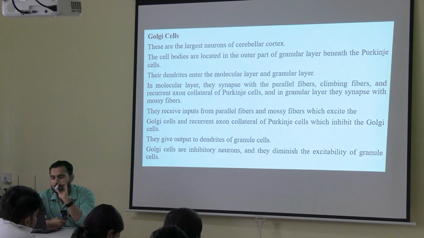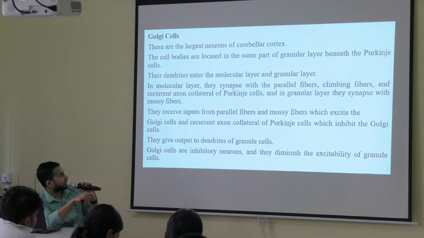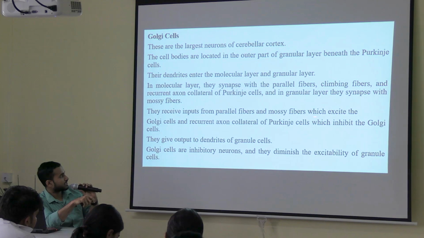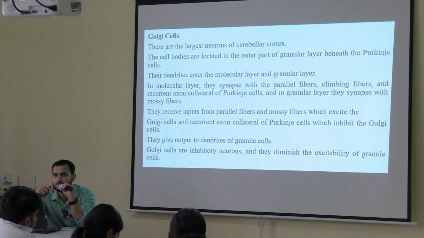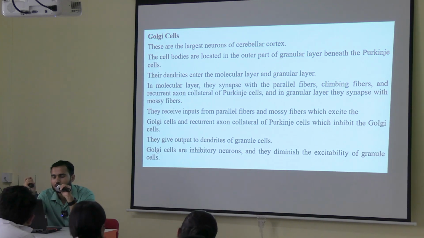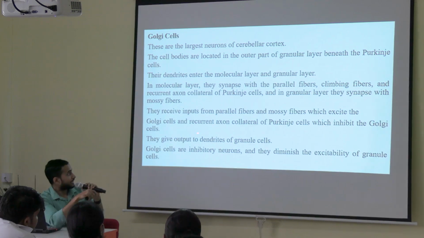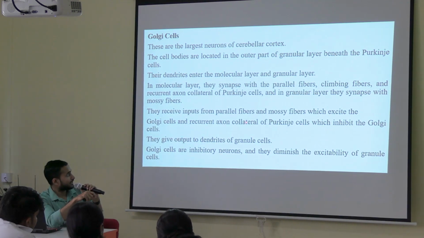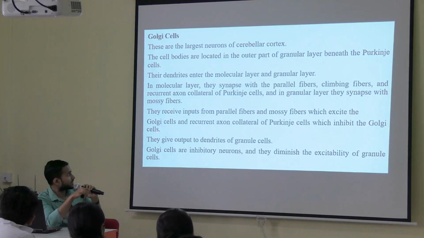Next, these Golgi cells receive input from parallel fibers and mossy fibers, which excite the Golgi cells. Then the recurrent collateral axons of the Purkinje cells will inhibit the Golgi cells.